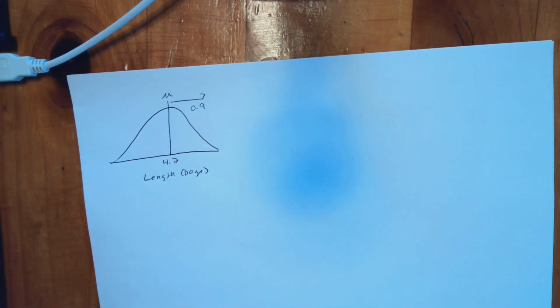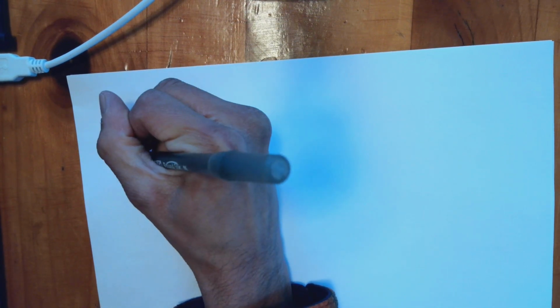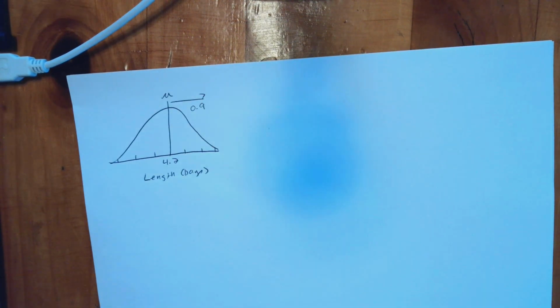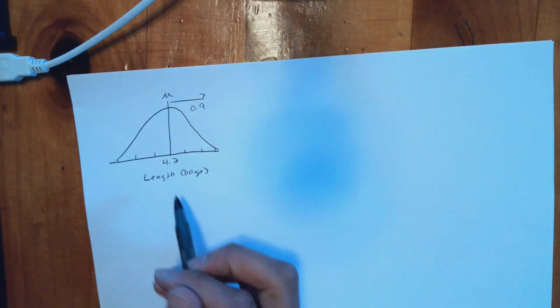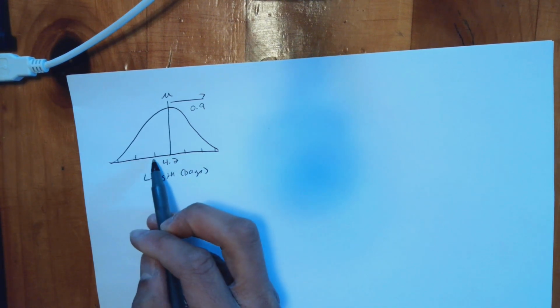The first couple of questions on the slides ask you to apply the 68, 95, and 99.7 rule. To do this, we can mark off the 1, 2, and 3 standard deviation jumps away from the mean, which I'm doing with these tick marks. So our standard deviation here is 0.9, and we're going to fill in these tick marks by adding 0.9 for each one in this direction and subtracting 0.9 for each one in this direction.